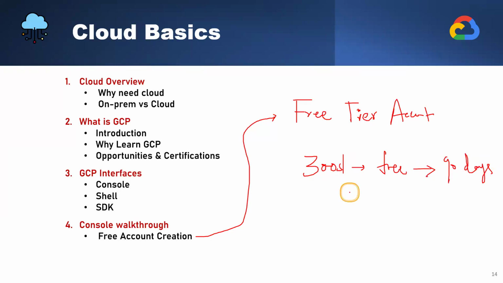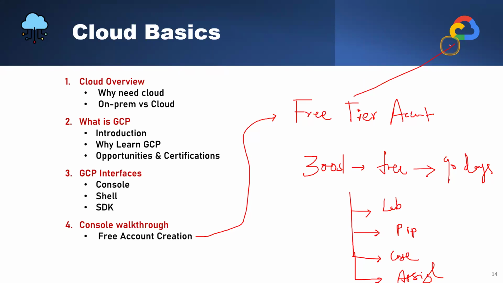Whatever you want to do, all the lab sessions we are going to implement here only, all the pipelines we are going to create here only, all the case studies we are going to perform here only, all the assignments you have to complete here only. You don't need to install anything on your local machine. Everything we are going to perform in the Google Cloud Platform, everyone.